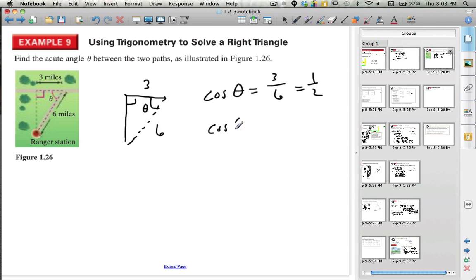All right, so if cosine of theta is equal to 1/2, then what's theta? Well, I want to think about what angle would have a cosine of 1/2, and there's a couple ways I could do it. I'm going to go to the unit circle because I like the unit circle, and I'm only going to worry about the first quadrant, and I'm doing that because 1/2 from the unit circle would be the x-coordinate if it's the cosine. So 1/2.